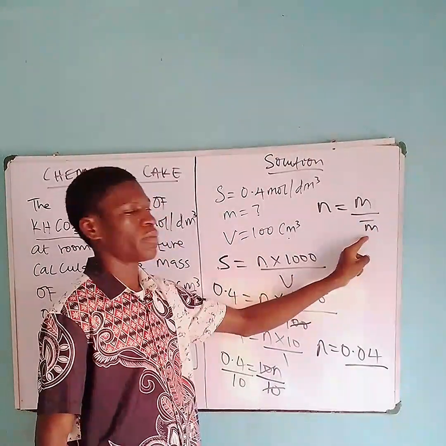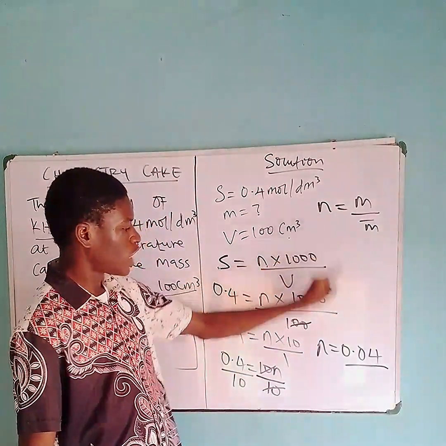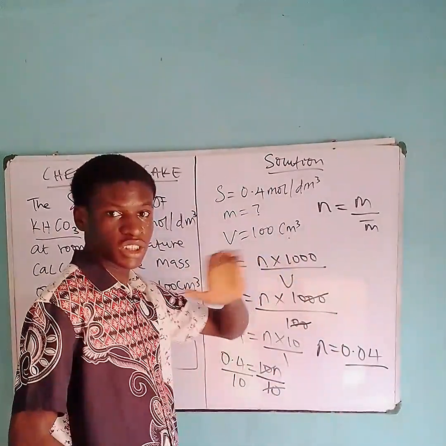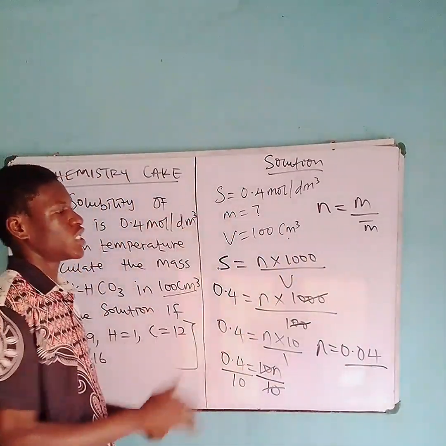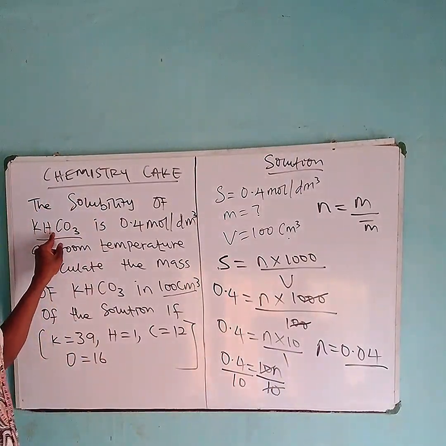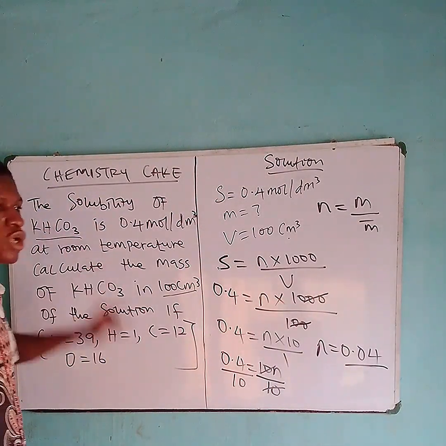Now, I need to find the molar mass. I've already gotten the mole as 0.04. Now, let's find the molar mass. What is the molar mass of the solution? The solution is potassium hydrogen trioxocarbonate.